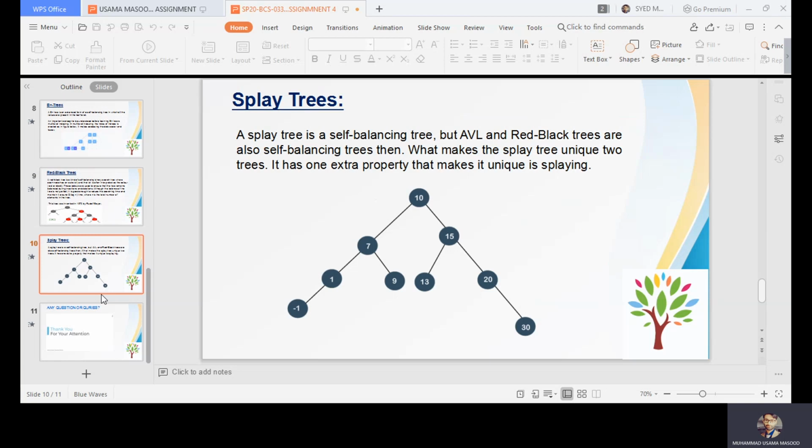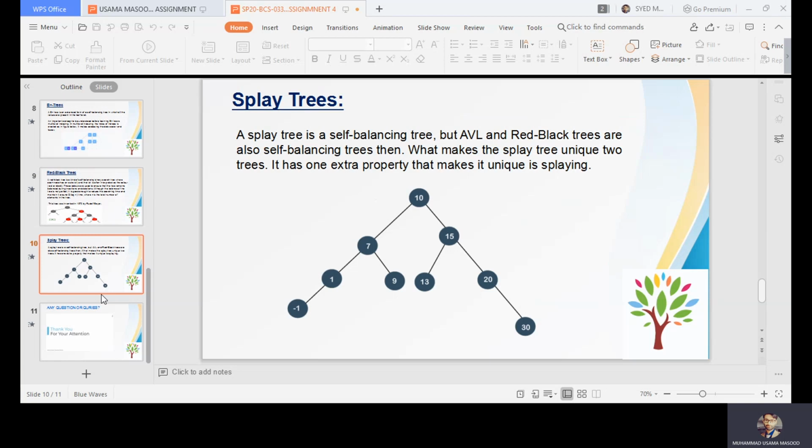But AVL and red black trees are also self-balancing trees. So we have discussed that AVL trees and red black trees are also self-balancing trees, but what is the feature that makes the Splay tree more unique than the other trees?